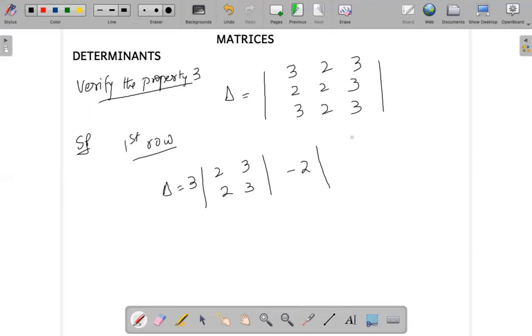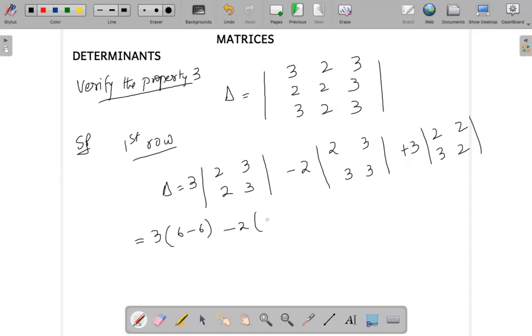Further simplifying this, we get this as 3, this will be 6 minus 6, and this is minus 2, and this is 6 minus 9, and 3, and 4 minus 6.